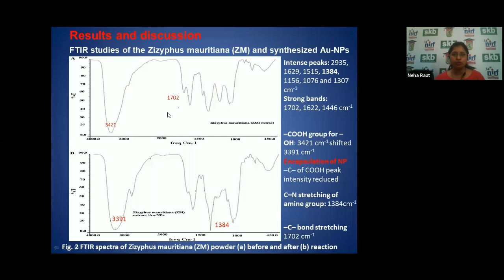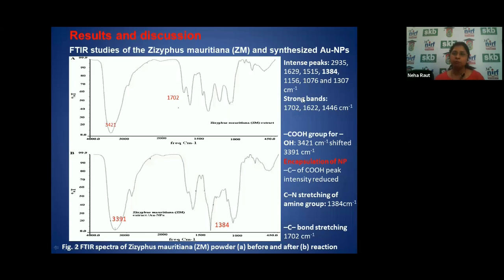So in this particular spectra, the second spectra is showing all the intense peaks of 2935, 1629, 1515, 1384, 1156, 1076, 1307, and strong bands at 1702, 1622, 1446.